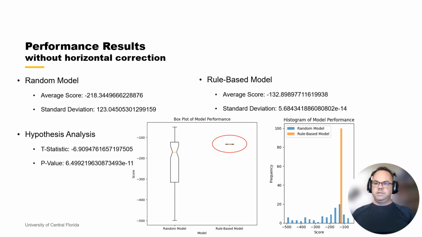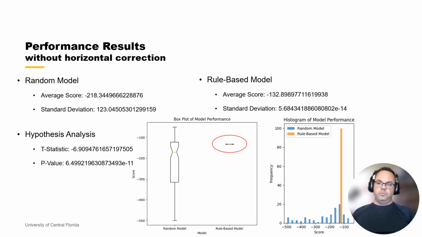The random Monte Carlo model had an average score of negative 218, with a standard deviation of 123. However, the rule-based model outdid it significantly, and although it has an average score of negative 132, it also has an exceptionally low standard deviation of practically zero. The box plot on the left clearly illustrates the variability in performance between the two models.